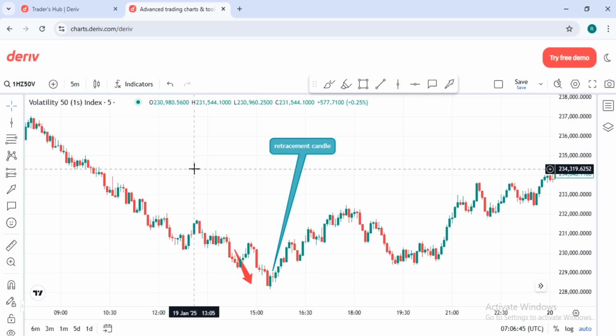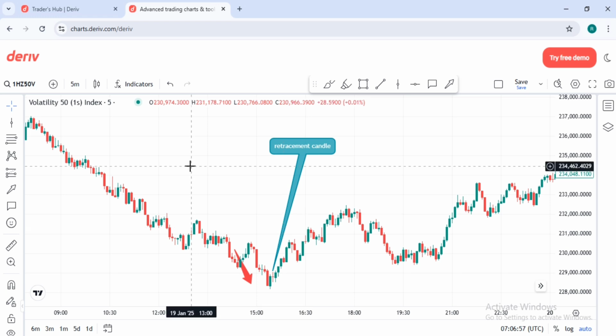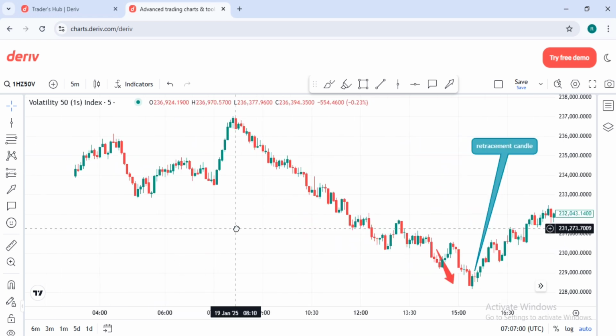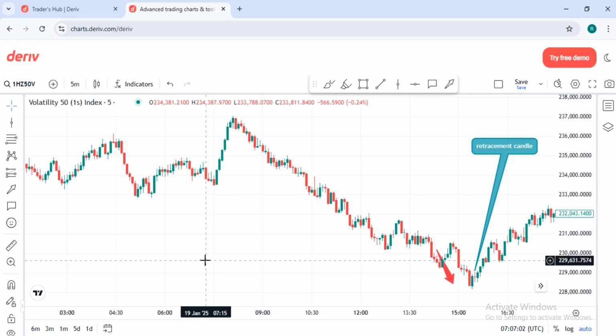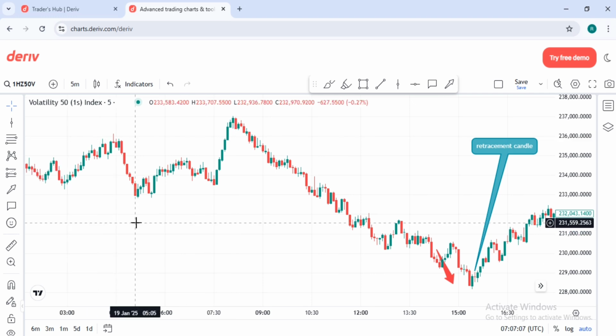The thing that I feel like insisting over and over again is when you are using either the engulfing pattern or the dark cloud cover, the piercing line pattern, make sure that there is a clear trend. See, for instance, there should be a clear trend.